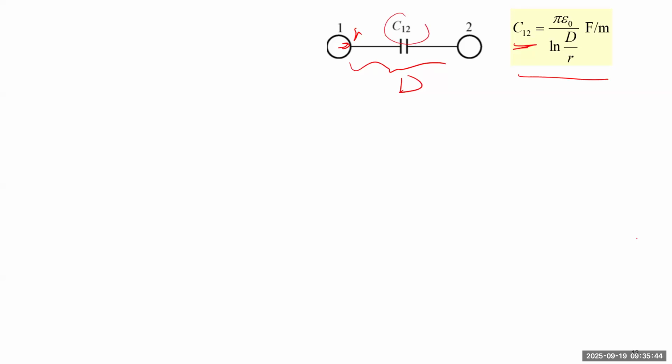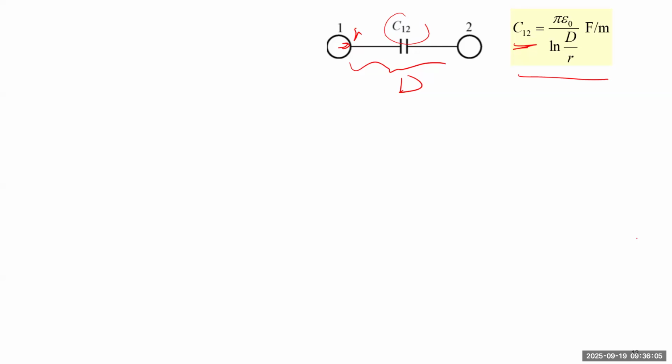But this is not convenient to use because a three-phase transmission line has three conductors. So which one should we calculate? We need to calculate the capacitance between A and B, B and C, A and C. A more convenient idea is to calculate capacitance for each conductor.